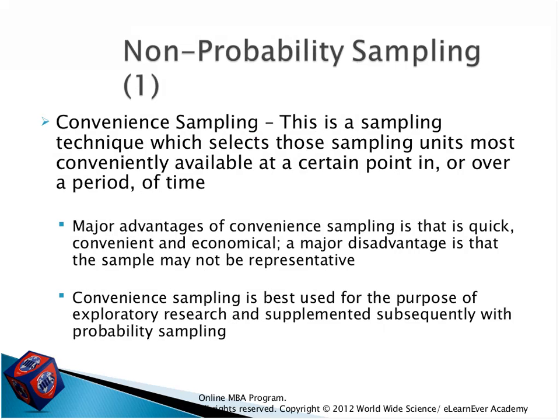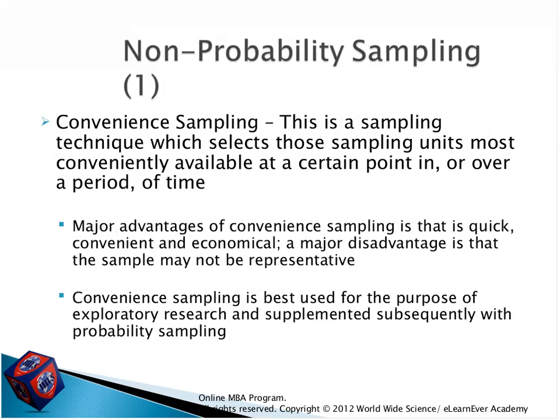Convenience sampling is a sampling technique which selects those sampling units most conveniently available at a certain point in or over a period of time. If you remember, under non-probability sampling, one of the methods is convenience sampling.